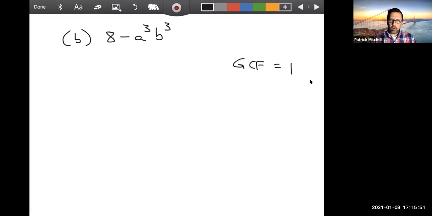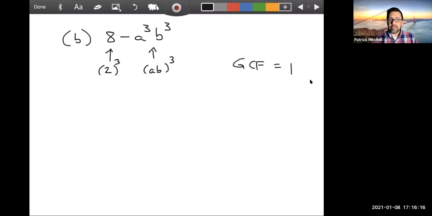All right, so are these things perfect cubes? I think they are. This is the cube of 2. And this, can you see how to fill in that blank? You would just fill in that blank with an ab. Okay. All right, so this is where it gets a little confusing because I'm using a and b, and I did that on purpose.